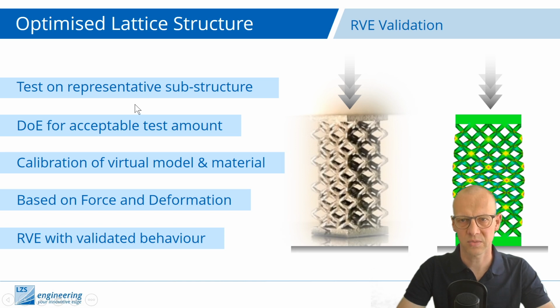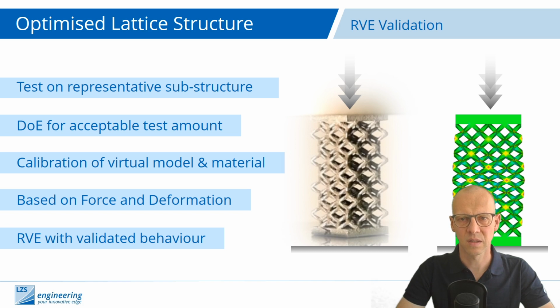And with these test results and also some three-dimensional measuring during the testing, we are now able to calibrate our material models and our parametric unit cells, to calibrate the influence of the process and the real material behavior into our simulation models.